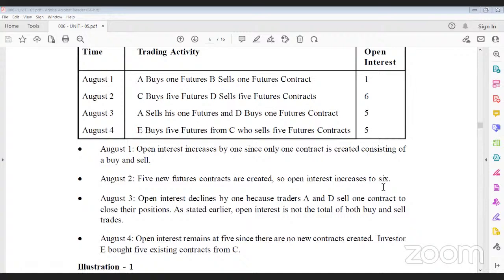On the same line, look at the 4th August transaction: E buys 5 futures from C, who sells 5 futures contracts. Here open interest remains at 5. There are no new contracts created. Investor E bought 5 existing contracts from C, which were already possessed by C.